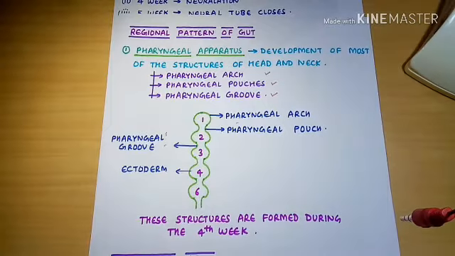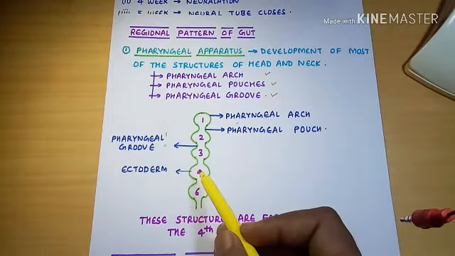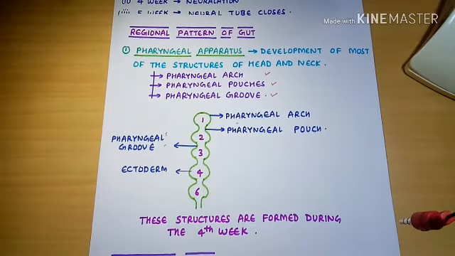These structures are formed during the fourth week of development. We have 5 pharyngeal arches: first, second, third, fourth and sixth. The fifth one is not completely formed, and so it will degenerate.